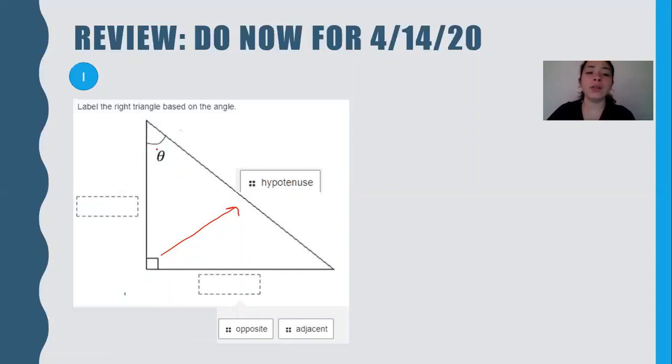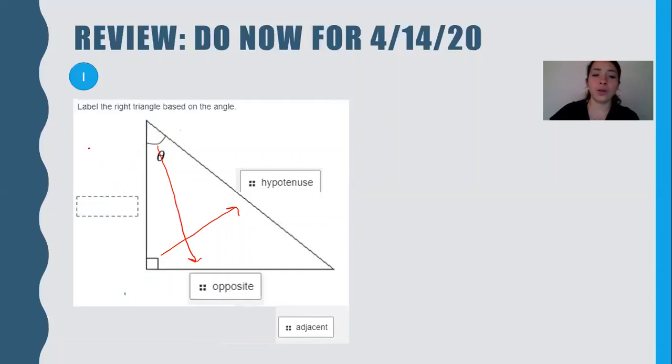Now we focus on the focus angle. So right away I look at what's across the focus angle, and that will always be the opposite side. And whatever is touching it but isn't across is called the adjacent side. So notice that was my opposite side, and that's my adjacent side.